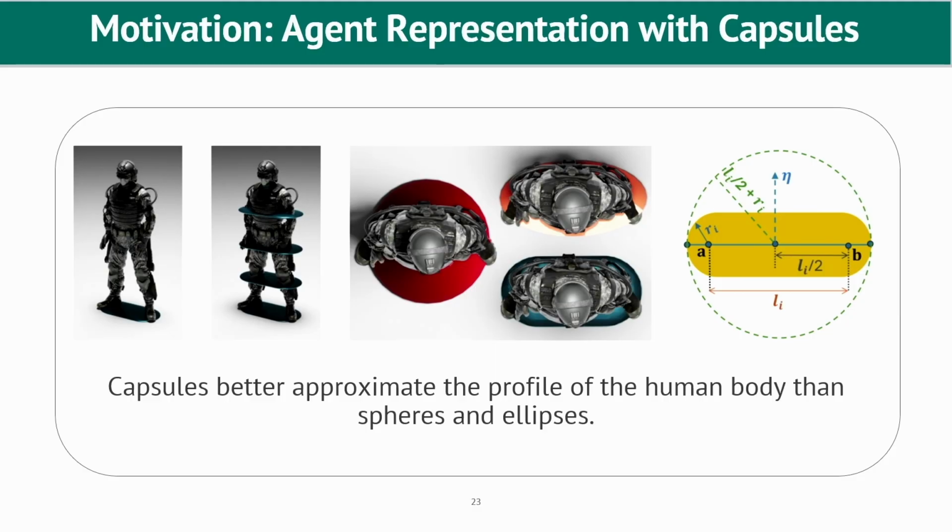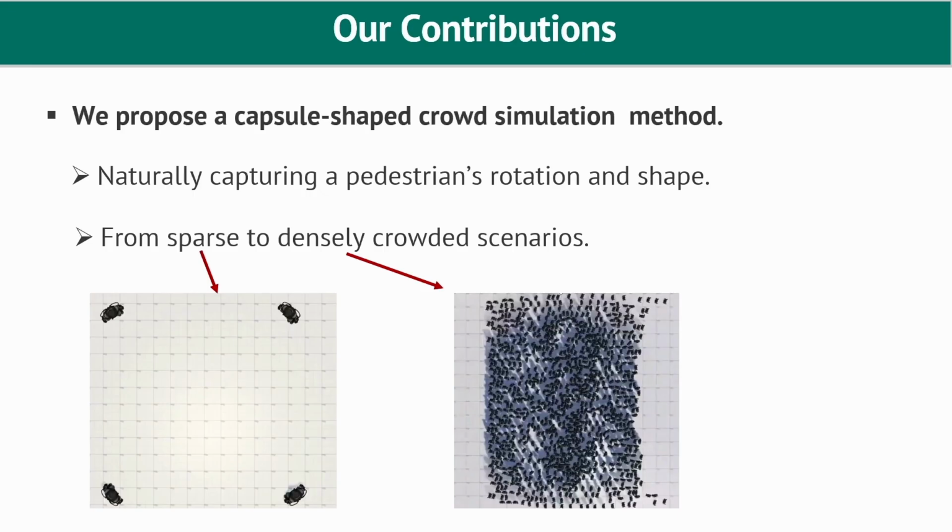So our motivation is to use capsule crowds, where we represent the crowd profile as a capsule, as this is a better approximation of the human profile. Our first contribution is that we propose a capsule-shaped crowd simulation method, which can naturally capture pedestrian rotation and shape, and can work in diverse scenarios, from very sparse to very dense.